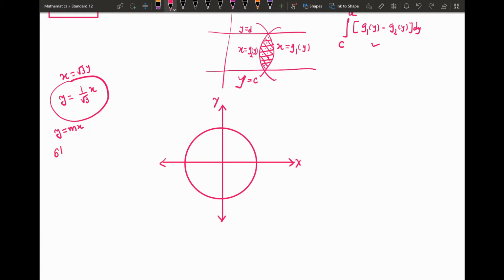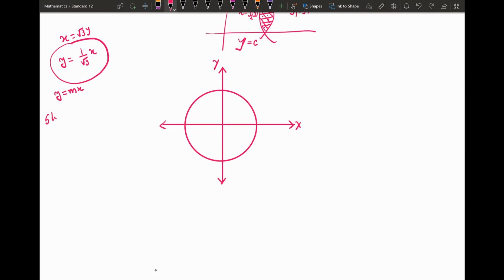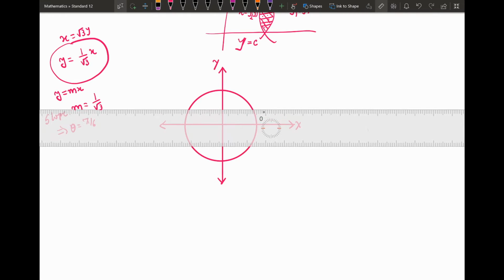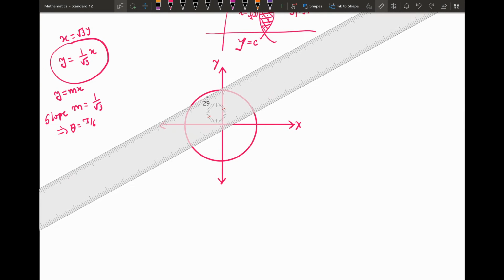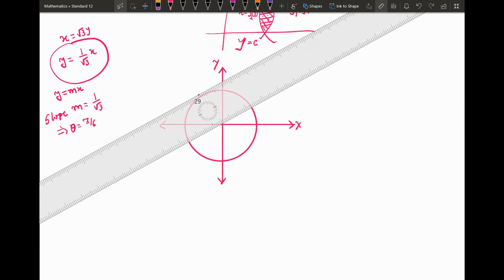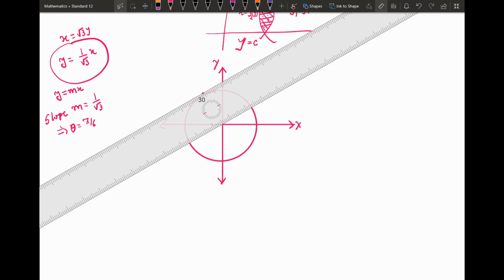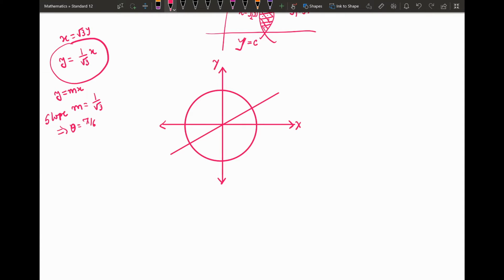So slope m equals 1 upon root 3, so the line will make an angle pi by 6, that is 30 degrees, with the positive direction of x-axis, passing through the origin.